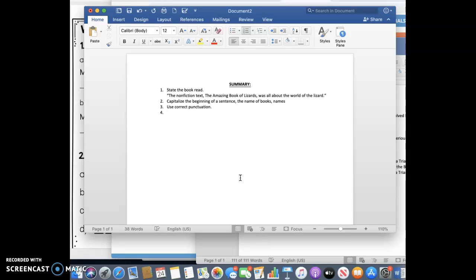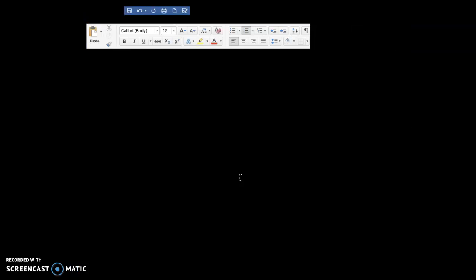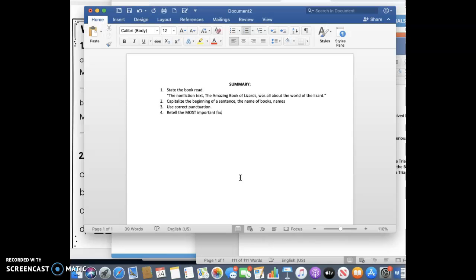When we're summarizing, we want to retell the most important facts from the beginning, the middle, and finally, the end. We want to leave out the little details. We don't need to know every little thing.